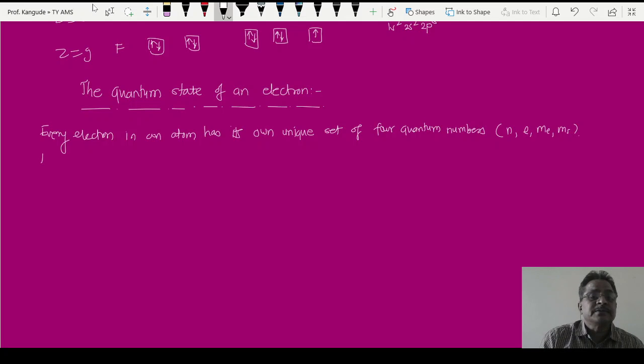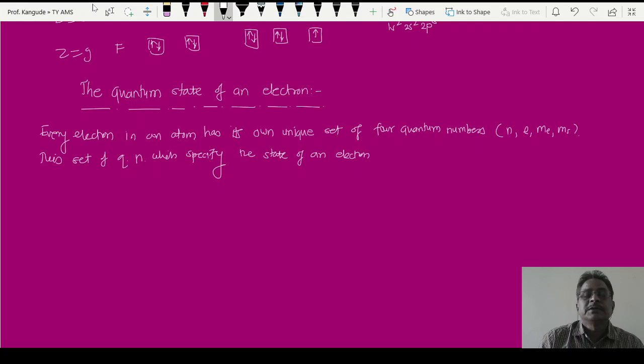So this set of quantum numbers, I write it short, quantum numbers which specify the state of an electron in an atom, just like as we have seen with an address.